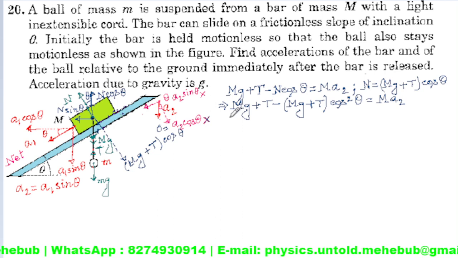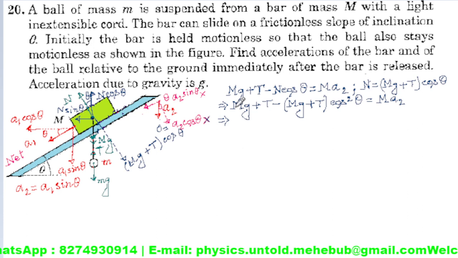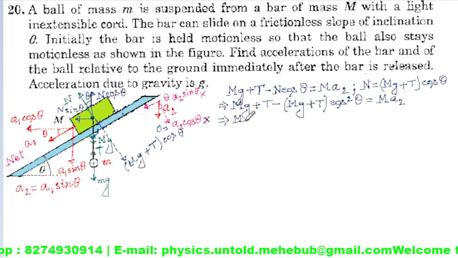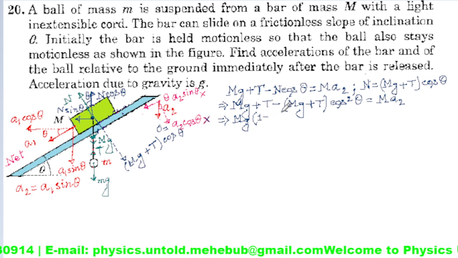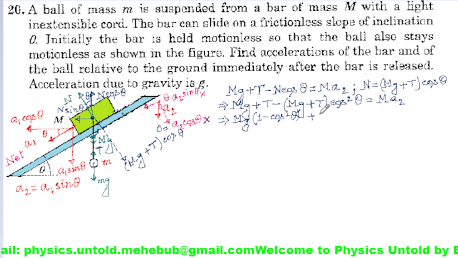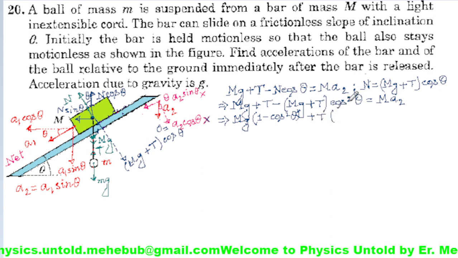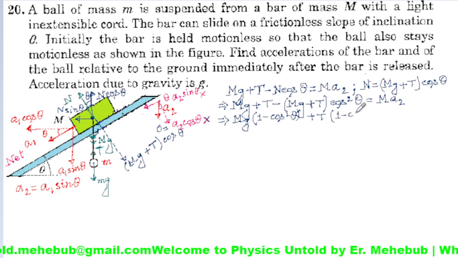If we simplify this equation, we can take mg as common. After taking mg as common, what remains is 1 minus cos square theta, plus T, which we can also take as common, into 1 minus cos square theta.